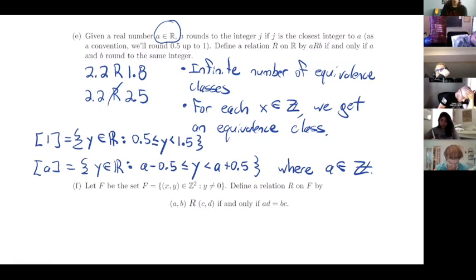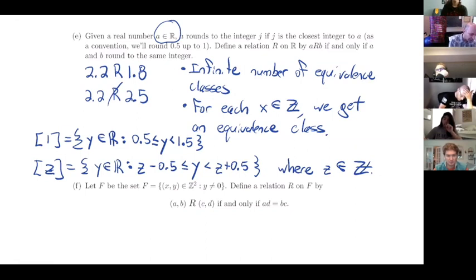I realize that A was used up top, so I don't want to use the same letter. I'll just use a Z. So for each integer Z, we get a different equivalence class. So that's how we can describe each individual equivalence class.